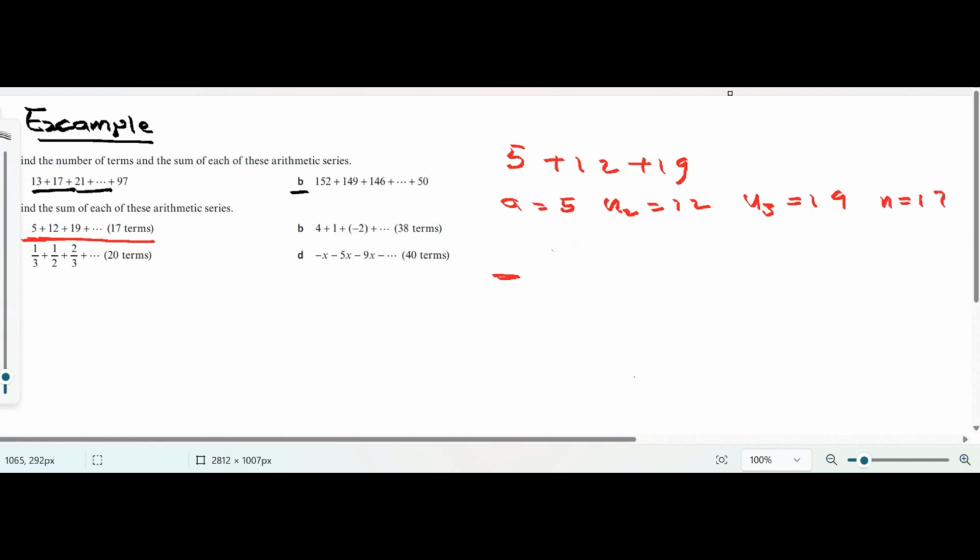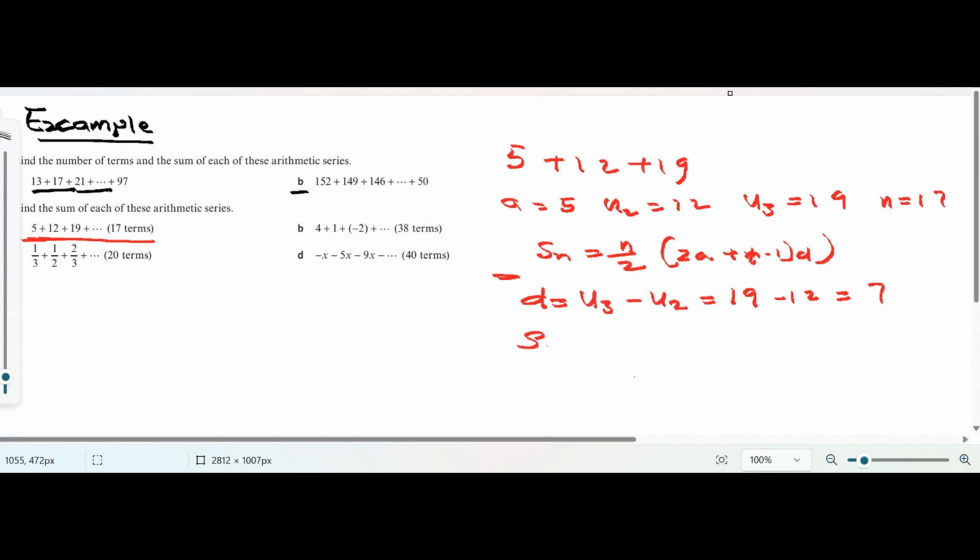To find that, I did not know the last term, so let me just use this formula straight up. n over 2 bracket 2a plus n minus 1 d. So I need to know my d, the common difference. The common difference is U3 minus U2, which is 19 minus 12, and that should be 7.